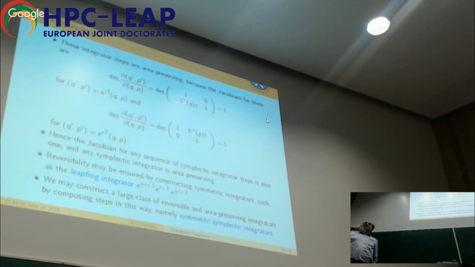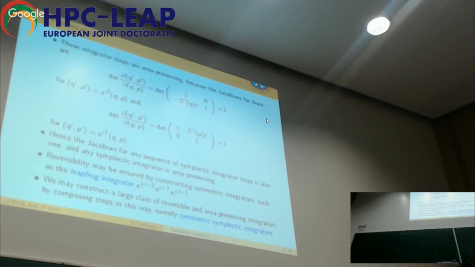So this means that if we take any sequence of these symplectic integrator steps, the result still has Jacobian 1. So that's why it's all area preserving, because we're doing individual area preserving steps. As I said, there's a trivial reason: each step changes one coordinate by an amount that depends on the other coordinate. Okay.